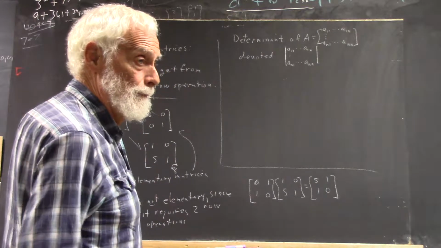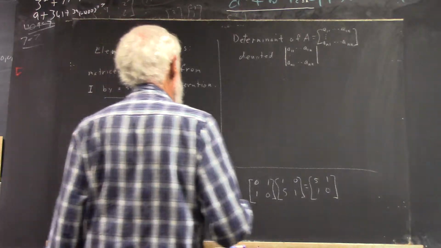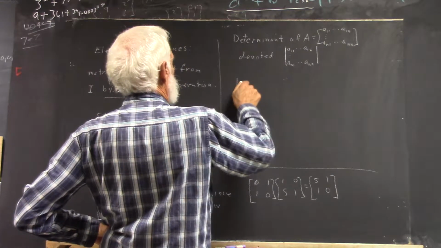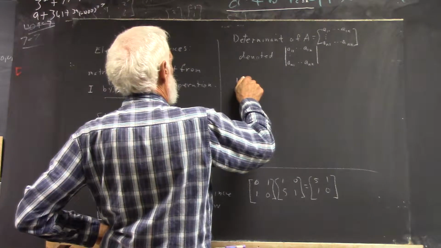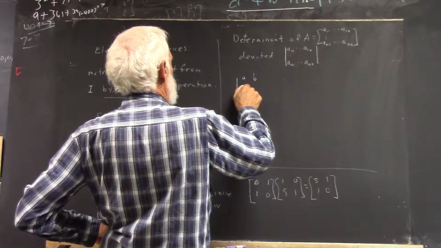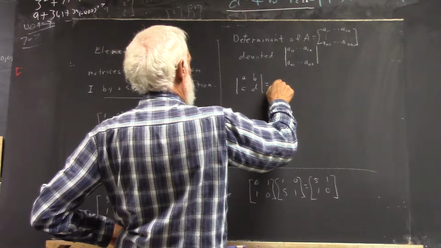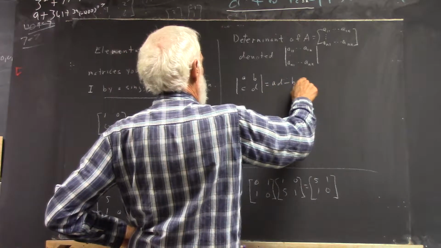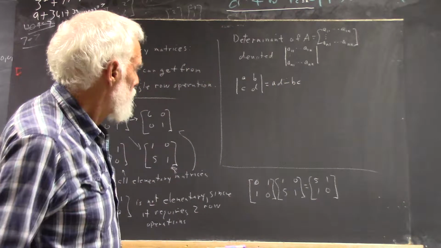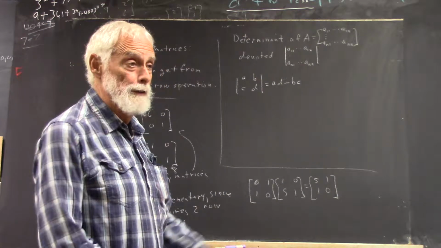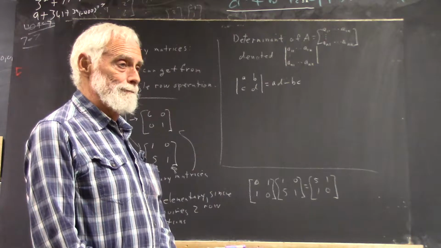Okay, so here's the definition. Determinant of A, B, C, D in this order is AD minus BC. Okay?